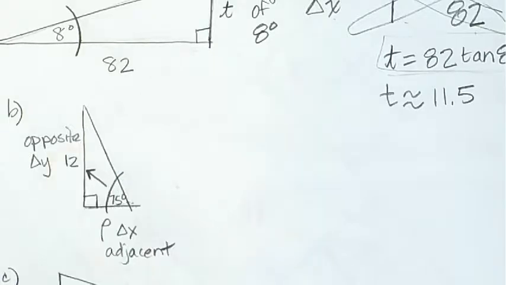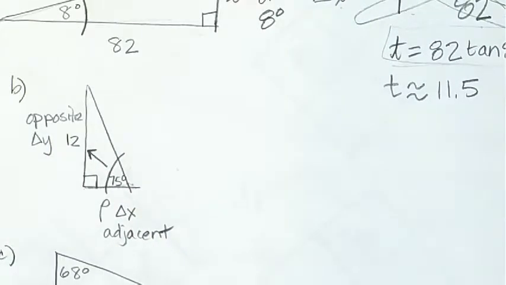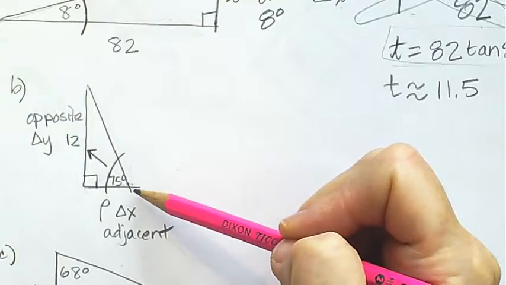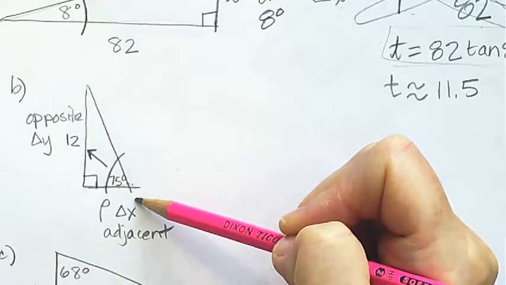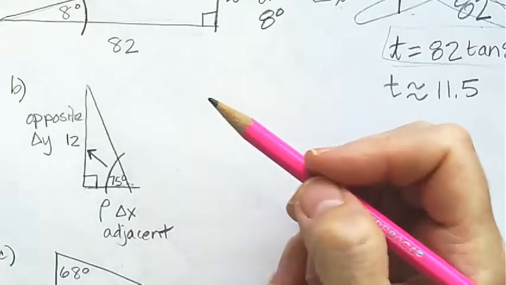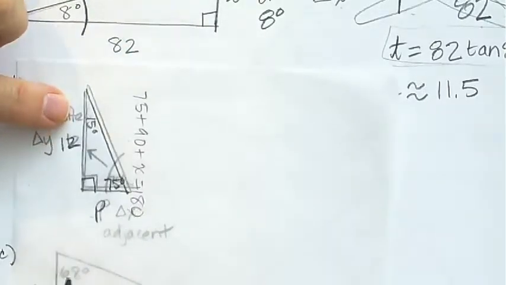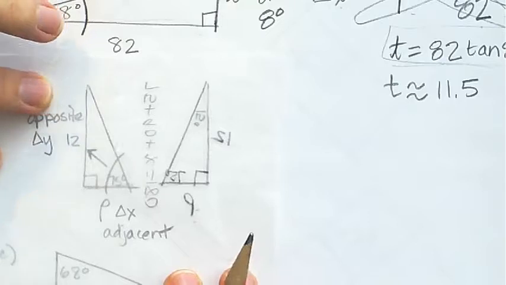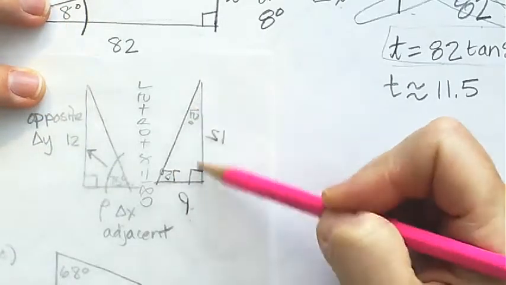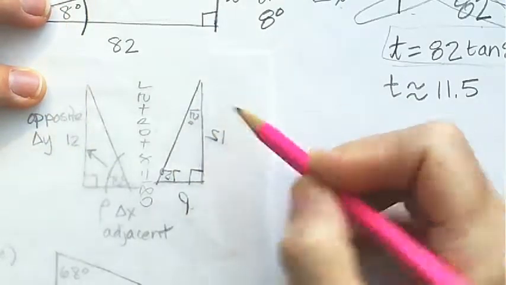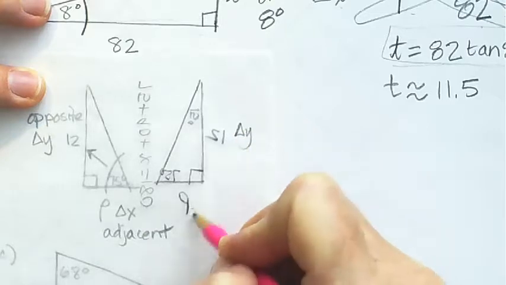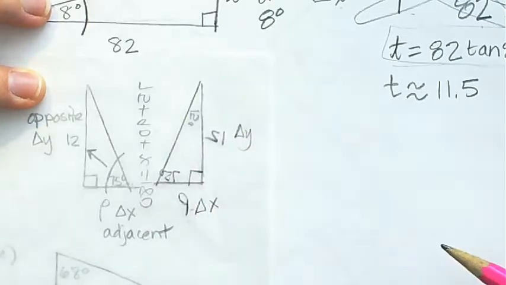So this might be a little bit confusing, but I'm going to start with this setup right here. After I went through all of that, I'm going to take the triangle and just reflect it and look at this being the change in y and this being the change in x.